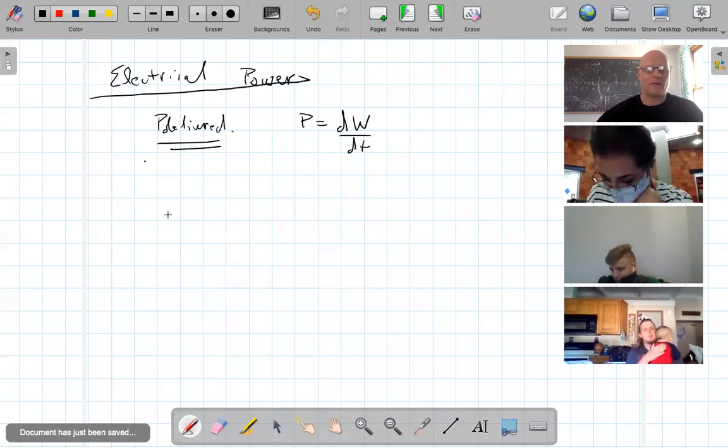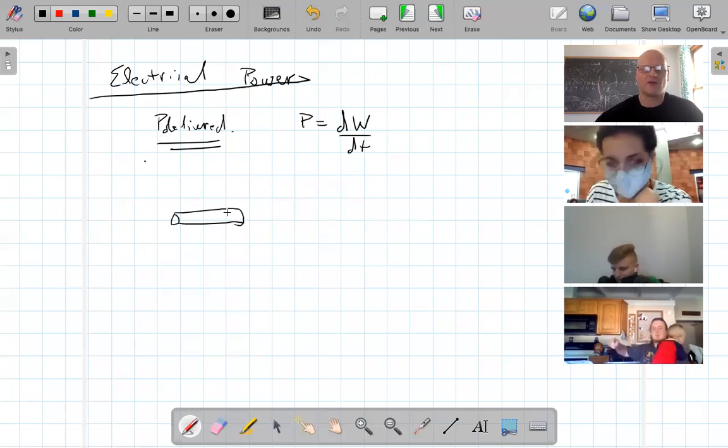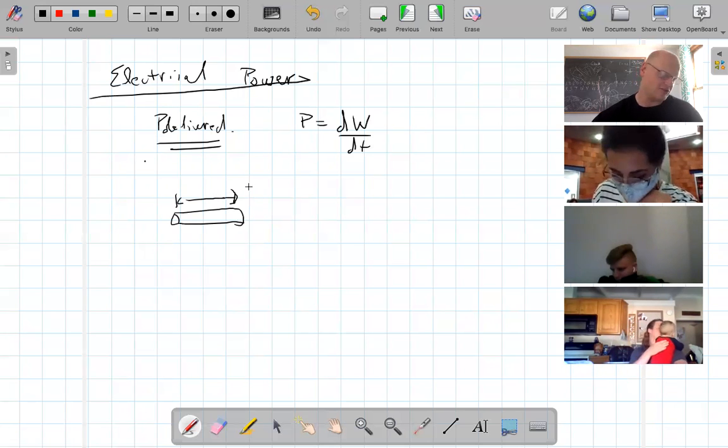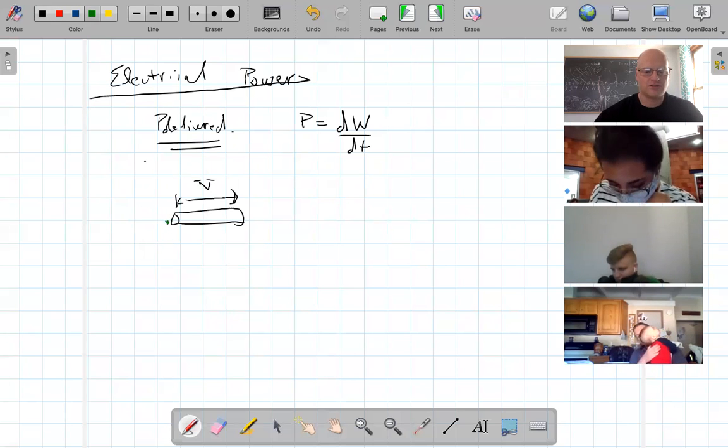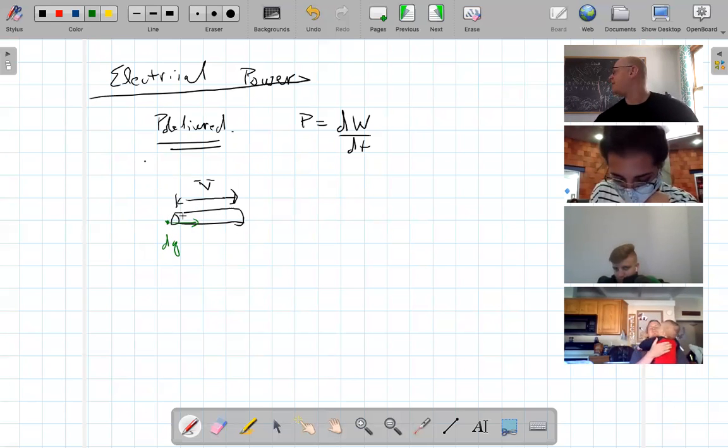Let's say we have some sort of electrical object. Here's my electrical object. This thing has a potential difference of, let's just call it V. What I want to do is move a charge dq across this electrical object.